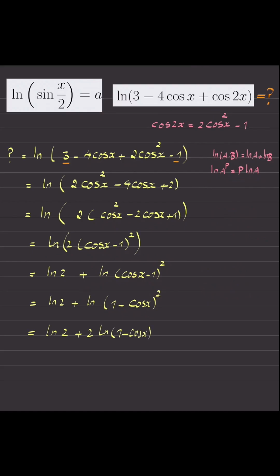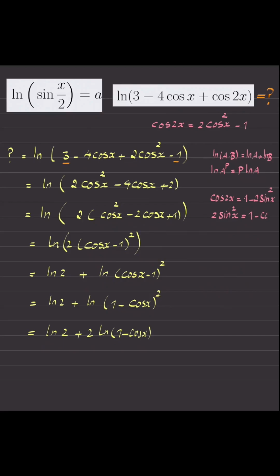Now I want to connect this expression to sine of x over 2, which we haven't done yet. There is another alternative for the double angle formula for cosine: cosine 2x is equal to 1 minus 2 sine x squared. If I move 2 sine x squared to the left, it becomes positive, and if I move cosine 2x to the right, it becomes negative.